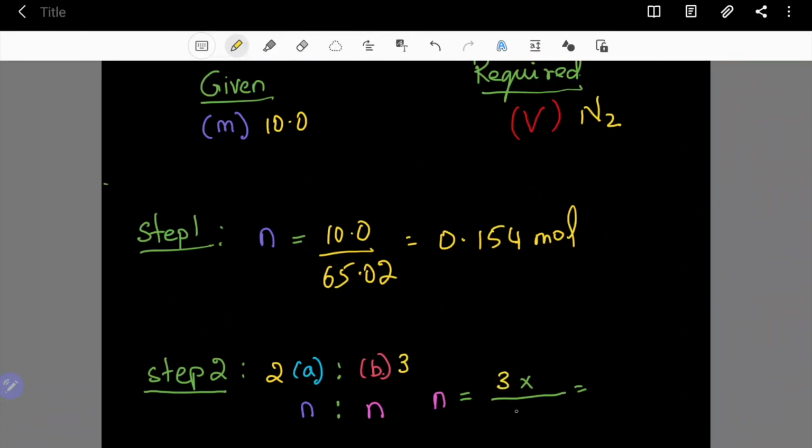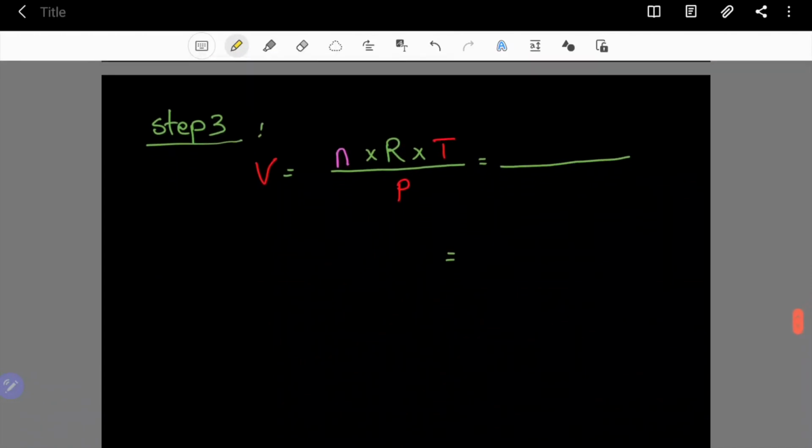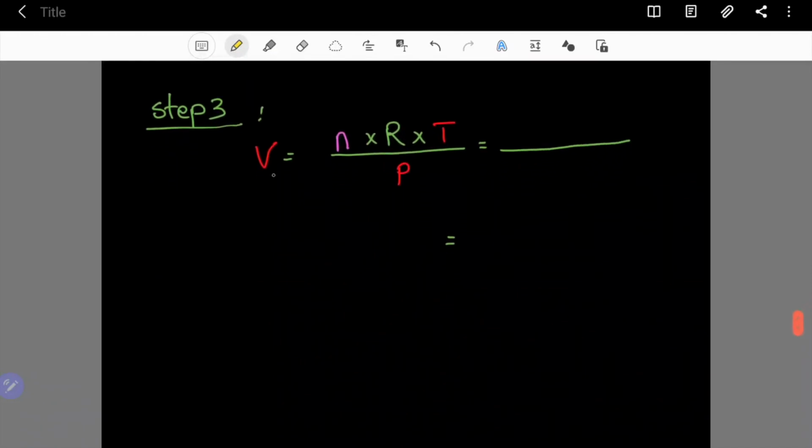So therefore the required quantity, that is nitrogen gas, would be 3 times 0.154 divided by 2, which is 0.231 mole. So now you know so many moles of nitrogen are released, but we've got to do one more step, and that is to convert 0.231 moles into volume of nitrogen gas.